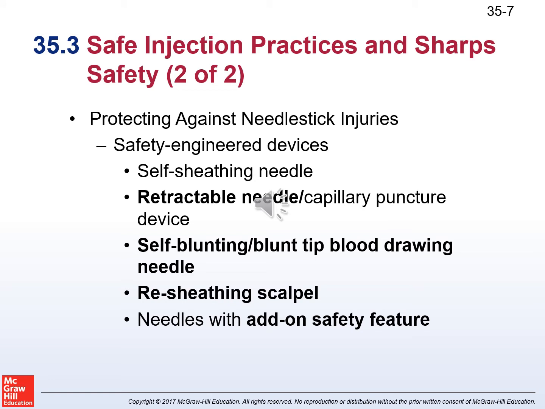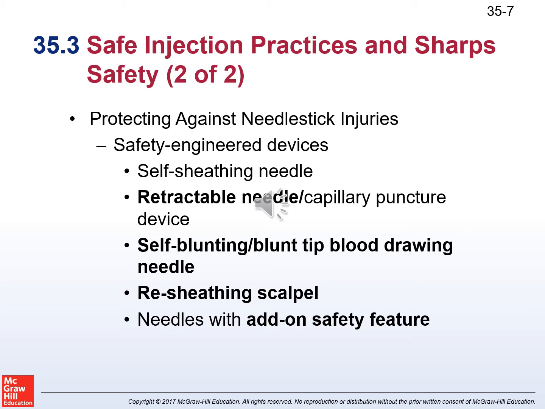Safety engineered devices can reduce the incidence of needle sticks. Self-sheathing needles require two hands to activate, which can be very difficult. Retractable needles and capillary puncture devices are for single use and keep the lancet away from the user.